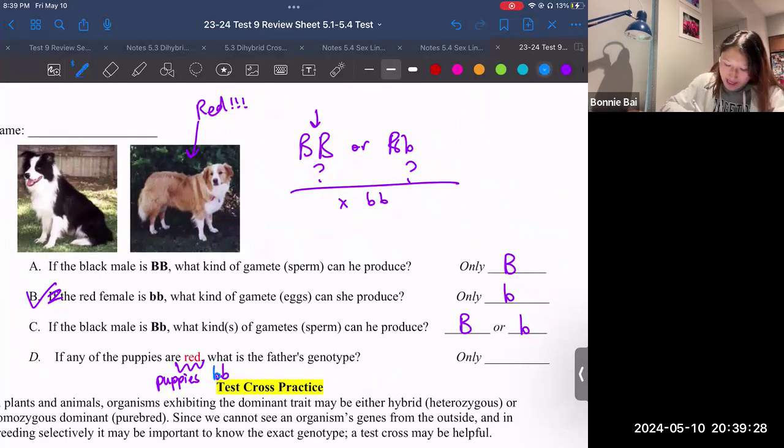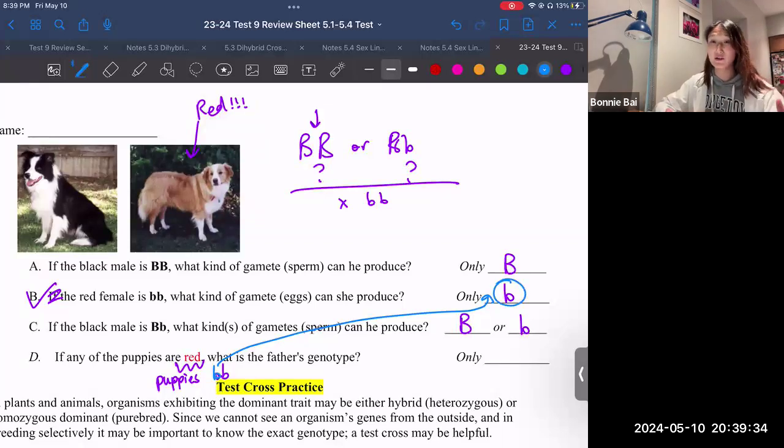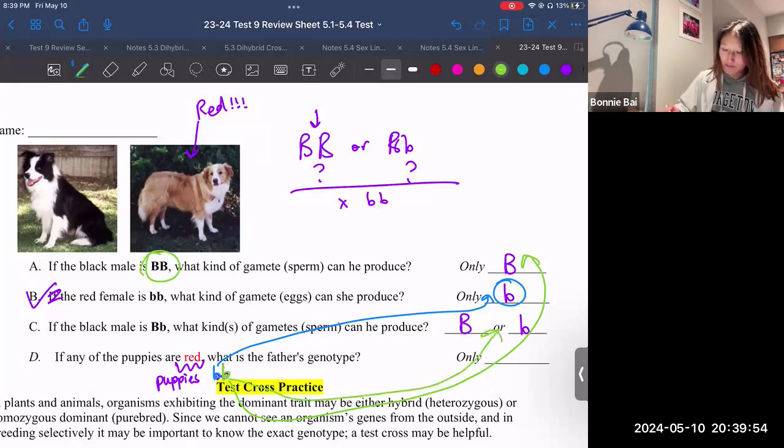The puppy has to have gotten one little b from mom, because mom can only pass on little b, right? But the puppy also has another little b, and this little b has to have come from dad. Well, can dad be this? No, right? Can dad be this? No, because that dad doesn't have a little b to give, right? So it has to have come from this.